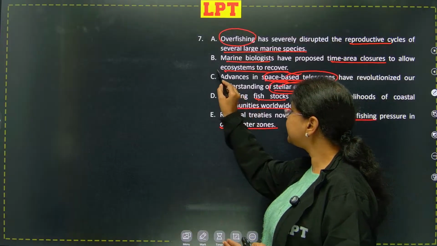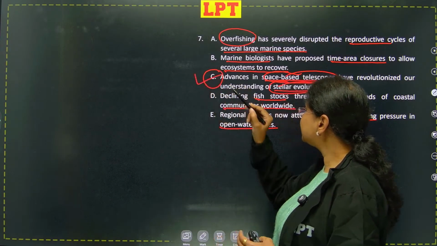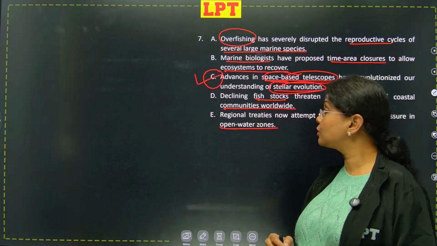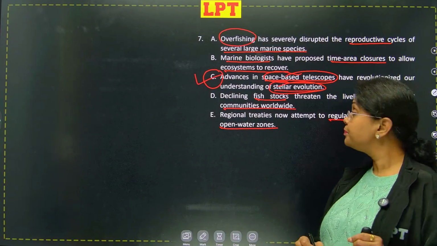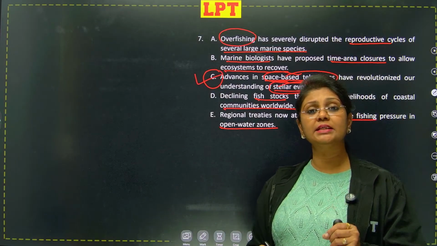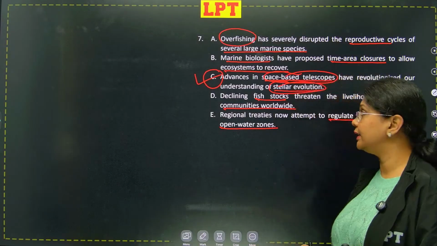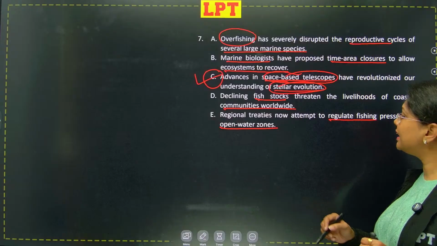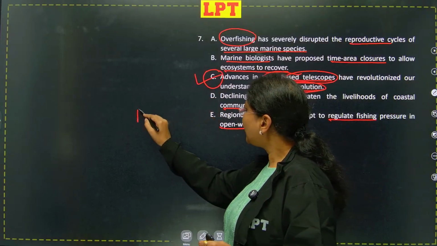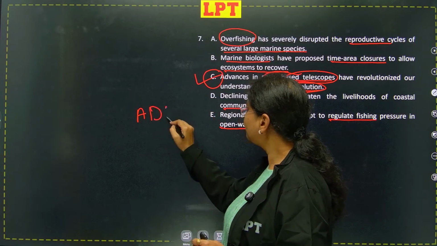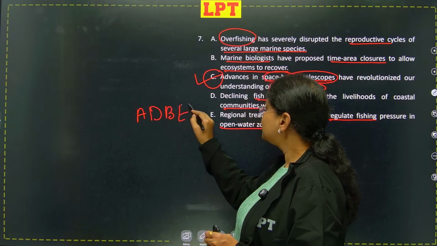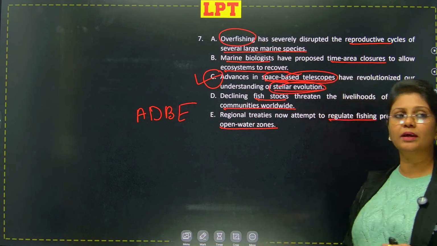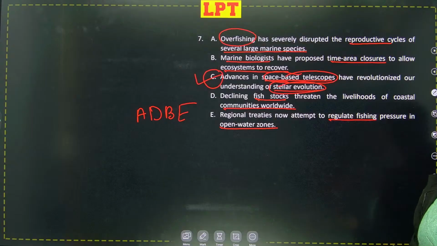On the other hand, C talks about advances in space-based telescopes and understanding of stellar evolution, making this the odd one out. So C is the answer. And if you look at the sequence here, it is A followed by D followed by B. So that is the sequence that you are looking for. So C is the odd one out.